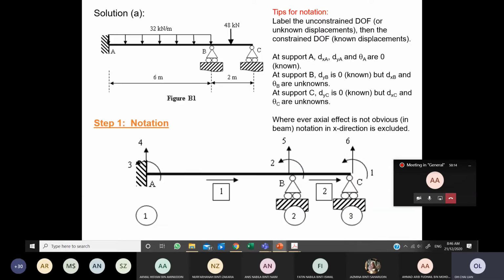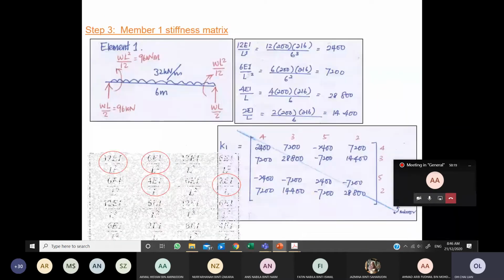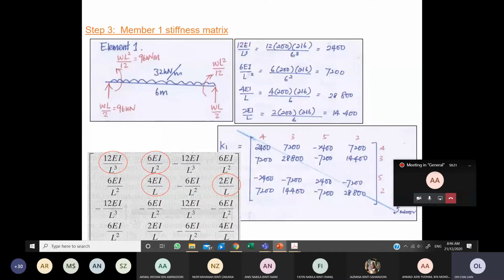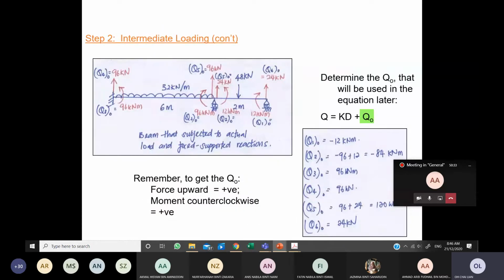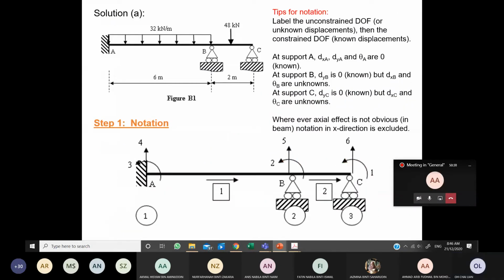Now I want to go to the member stiffness matrix. How to use this template to determine the member stiffness matrix? If I go back to the problem, we have identified a class.